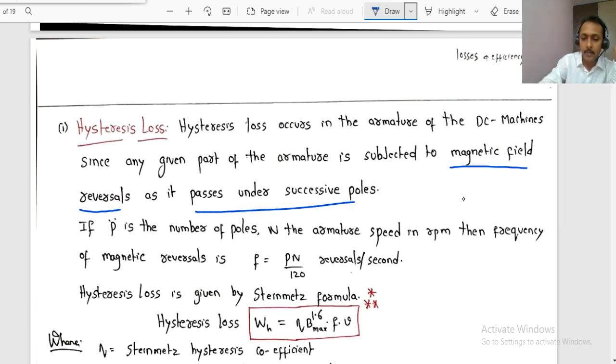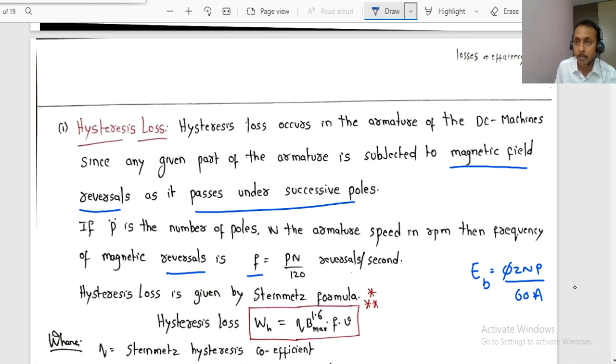poles. For example, if P is the number of poles, if you recollect the formula, the back EMF or generated voltage Eg is given by phi Z N P by 60A, right? Now the frequency of the magnetic reversal f is given by Pn by 120.